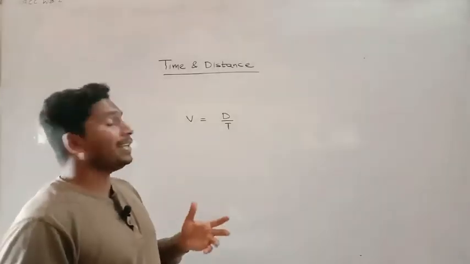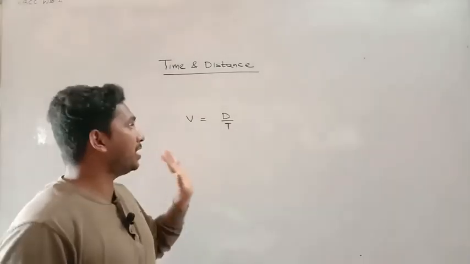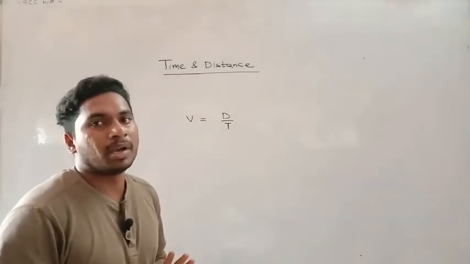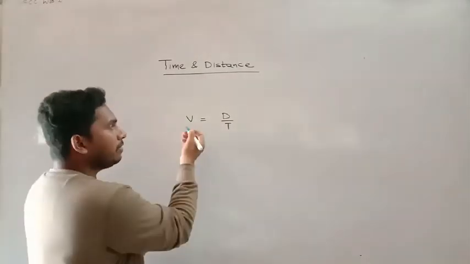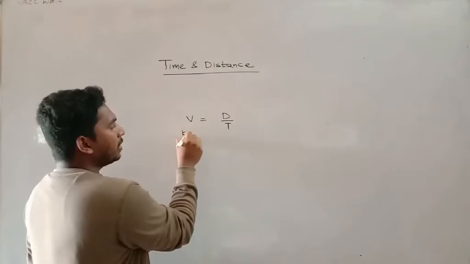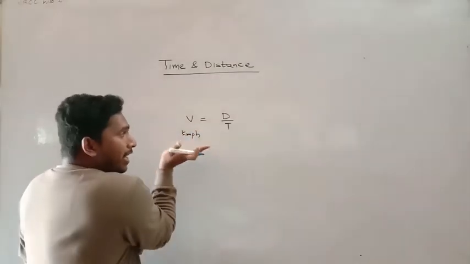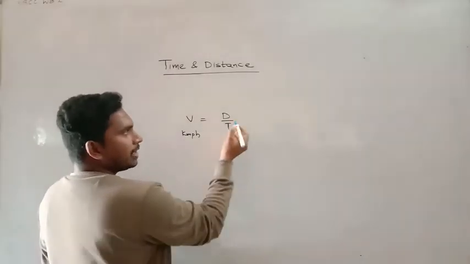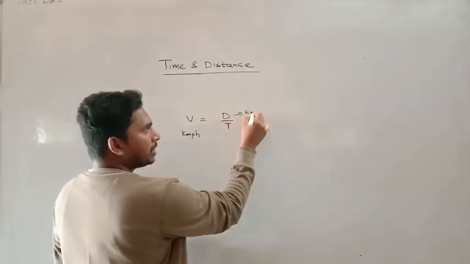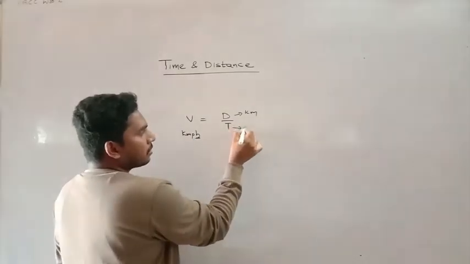Whenever we consider the units of speed, distance and time, usually V is given in kilometer per hour. When V is given in kilometer per hour, D will be given in kilometers and time will be given in hours.